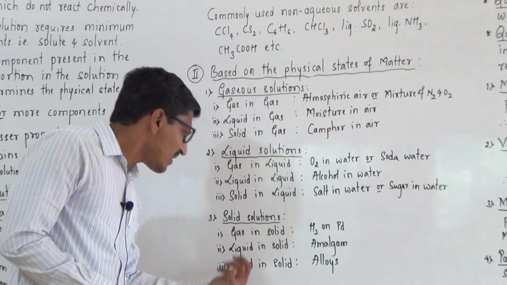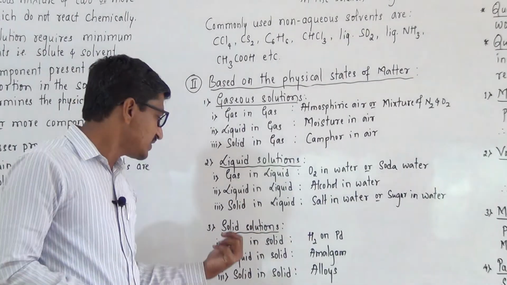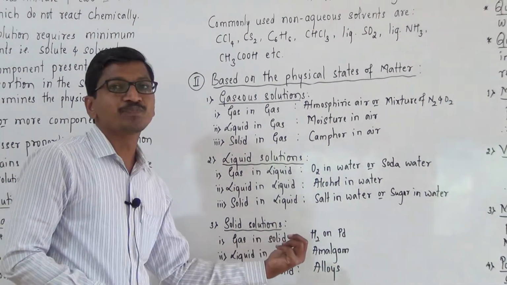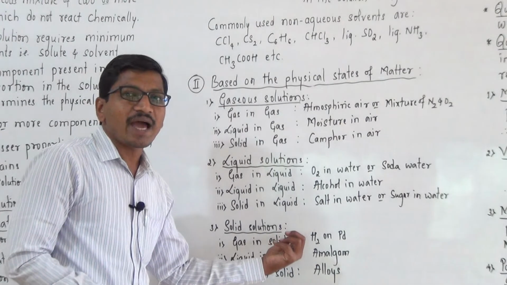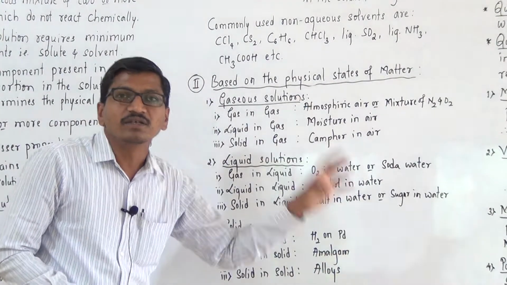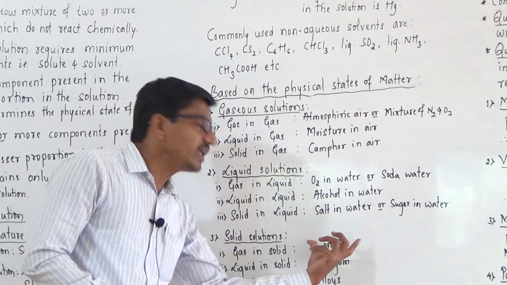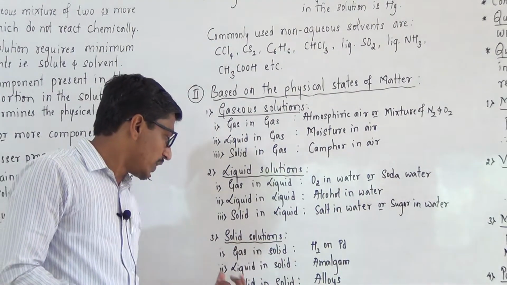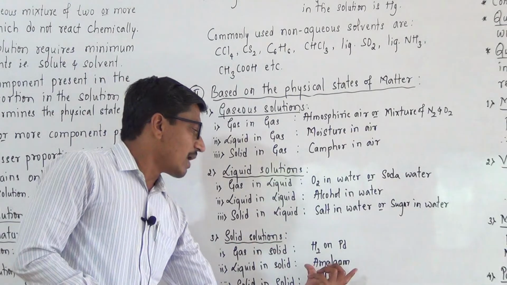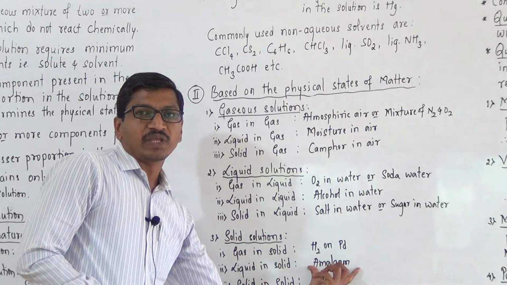These are also classified in three different ways. The example for the first one, gas in solid, is hydrogen gas in palladium, or the dissolved gases in minerals. Second one is liquid in solid. Example is amalgam.